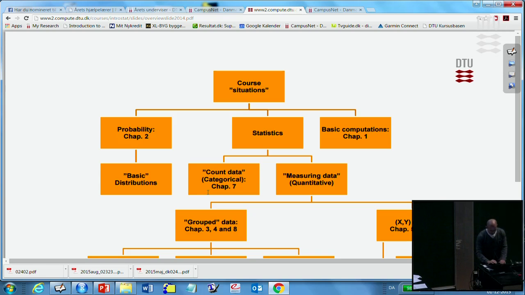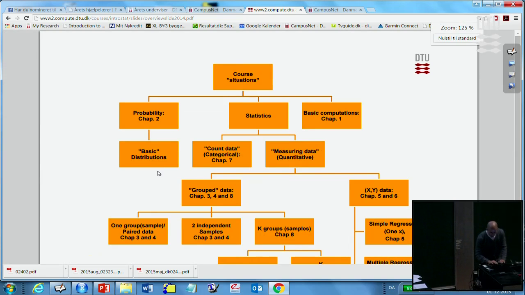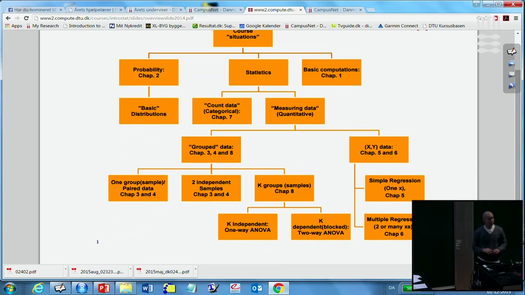Then most of the statistics course has been about measurement data, quantitative data. For us in our course, and generally, we could distinguish between 2 situations. Either it's the grouped situations, or it's the regression type situations.